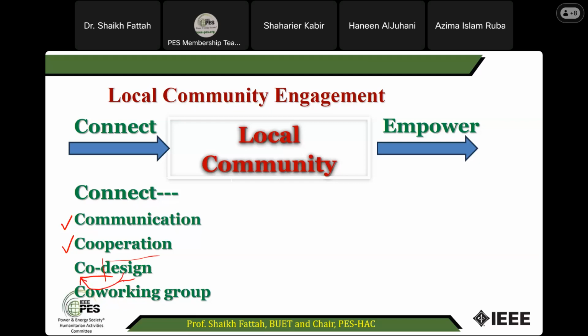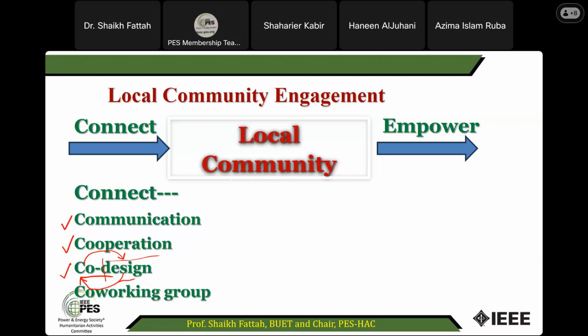So your design aspects will be governed by the community's needs. They can give you much better input: "Hey, your design has this problem. Can you change this so that we can use it more conveniently?" That is called co-design. Instead of isolated design, you use the community feedback.